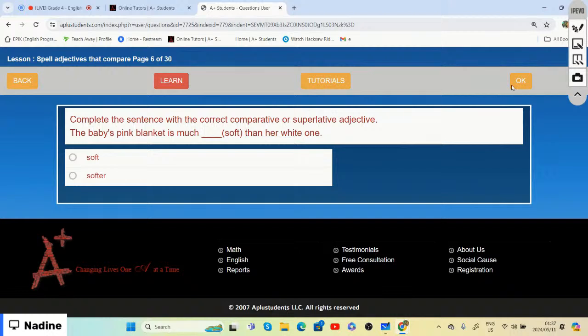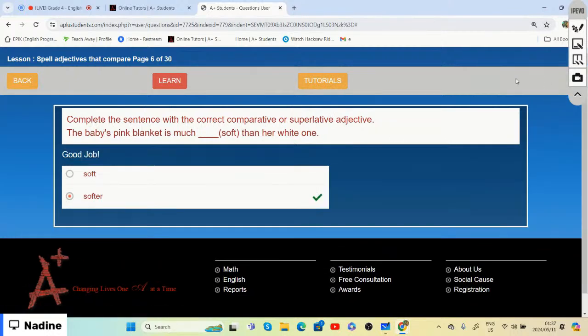Yeah. So the baby's pink blanket is much softer than the white one.